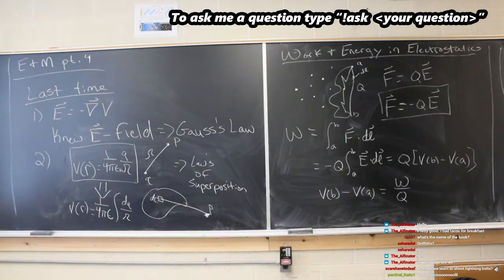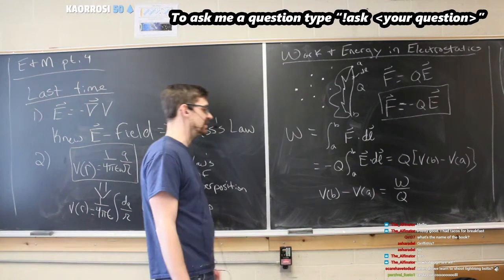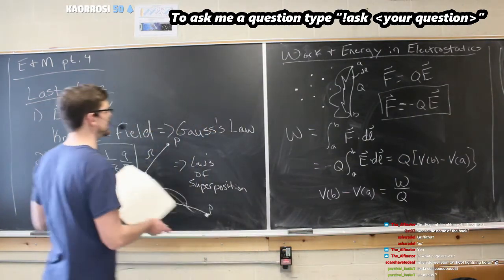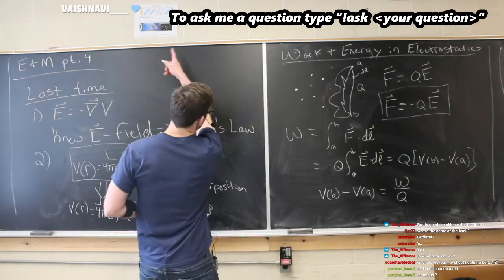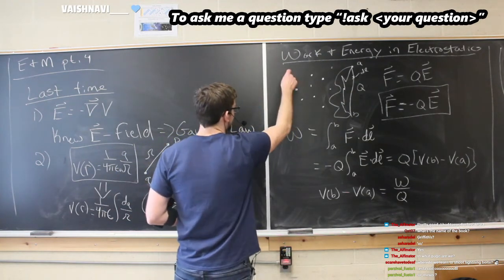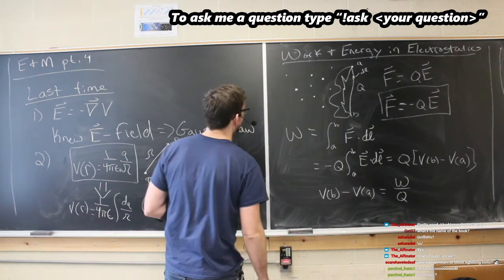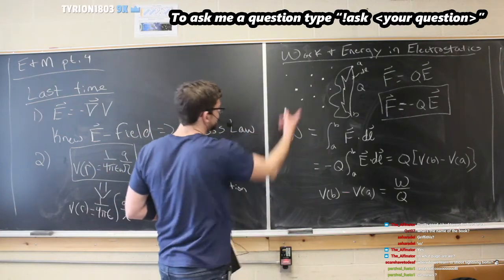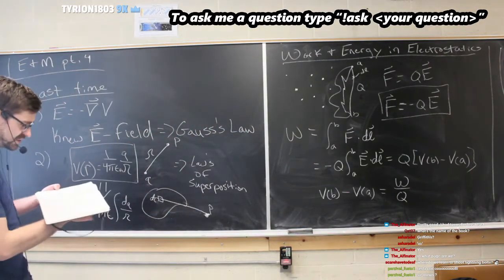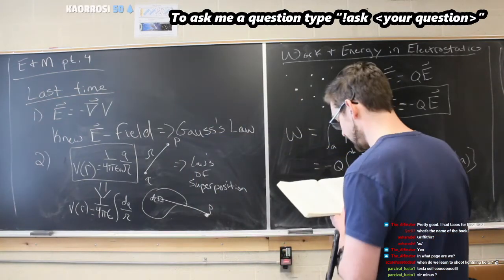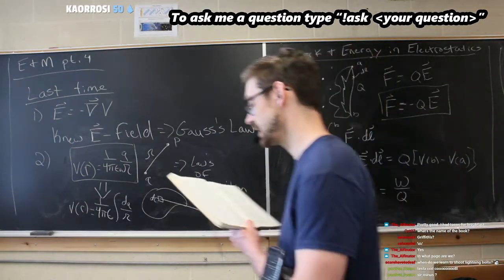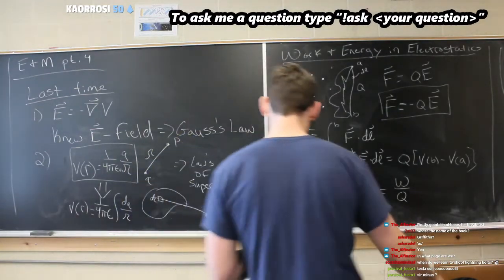So let's do this. Instead of just picking A and B, let's say I want to take a group of particles like this one, and I want to bring a particle in from infinity and get it into the mix somewhere right here, okay? So I'm going to take a particle and bring it from infinity into there. Well, what is the potential difference then? We've already seen that the potential at infinity is 0, okay?